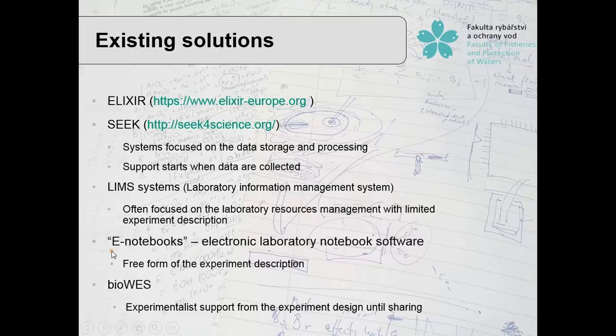Also, there are some tools called e-notebooks, which can describe the experiments very well. The problem is that e-notebooks usually describe the experiment in free form, which is not the best way for later automatic data processing because the system doesn't need to understand the description of the experiment.